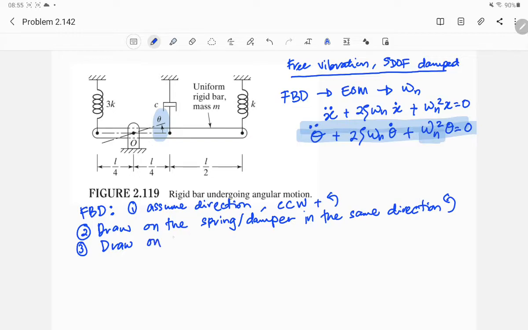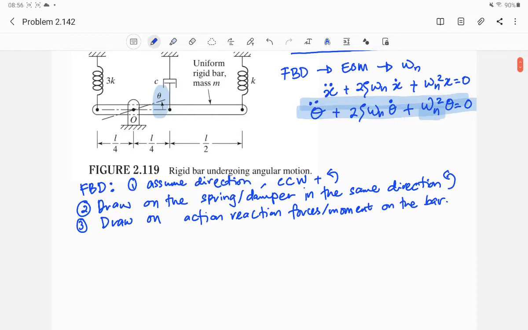Then only you draw all the action reaction forces, or moments, on the bar. So that's the basic step. You always draw physical things on the spring and the damper, and action reaction on the mass or the bar. In this case, it's counterclockwise.